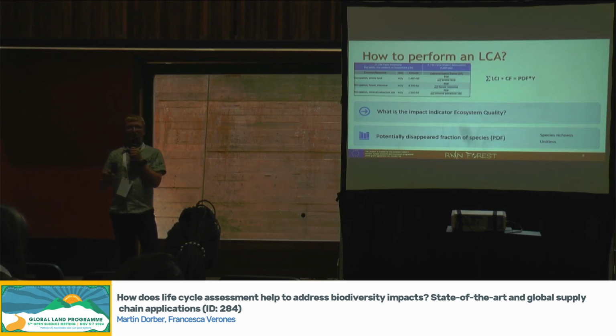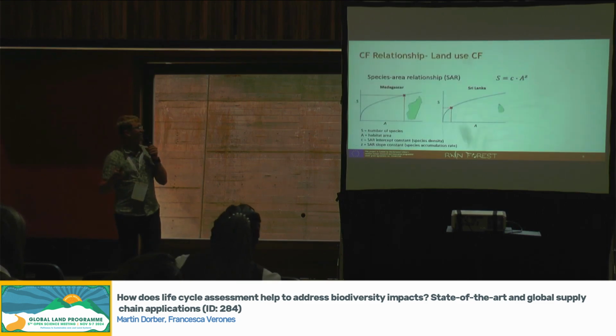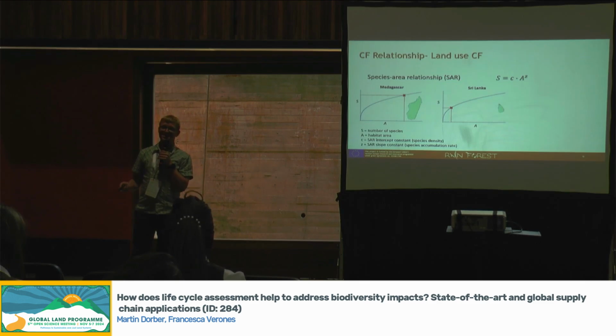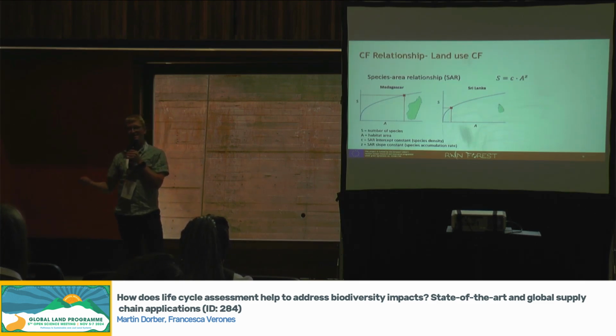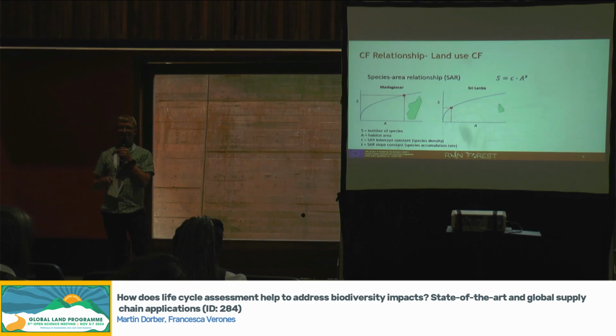Now we know the indicator, but how do we get to a characterization factor calculation? What LCA really loves is relationships. To get this characterization factor, we need a relationship between the impact and the stressor, and for land use, the relationship of choice is the species-area relationship. It's coming from island theory, and here we have Sri Lanka and Madagascar. Sri Lanka is a smaller island than Madagascar, and the species-area relationship assumes a positive relation with size.